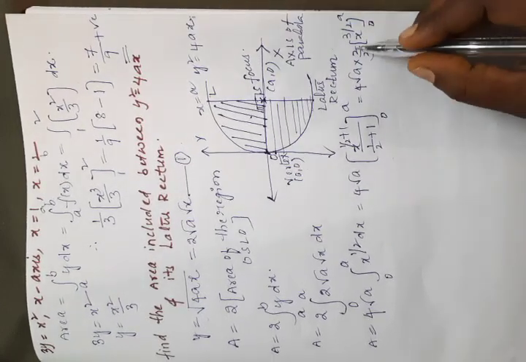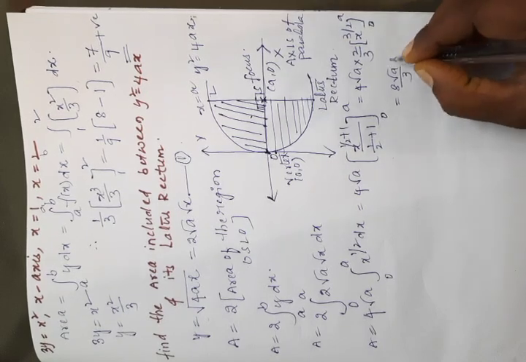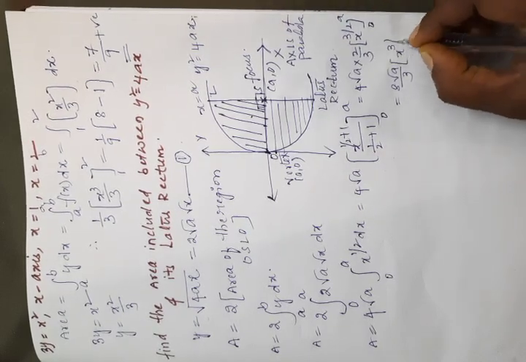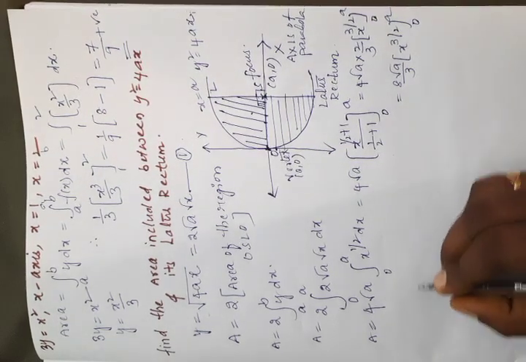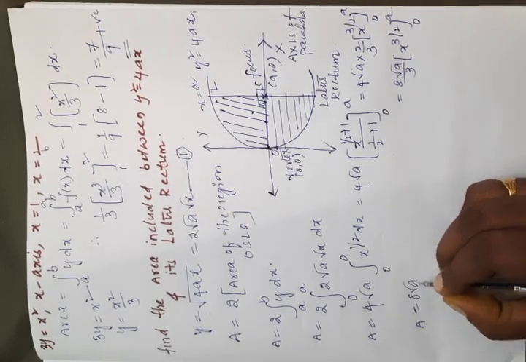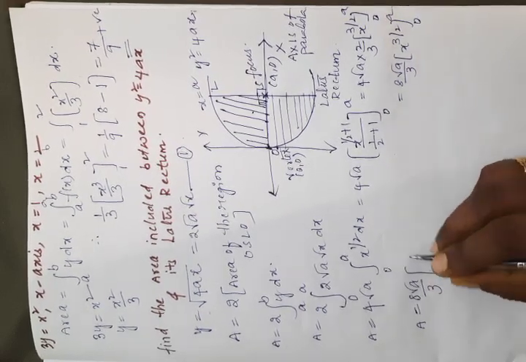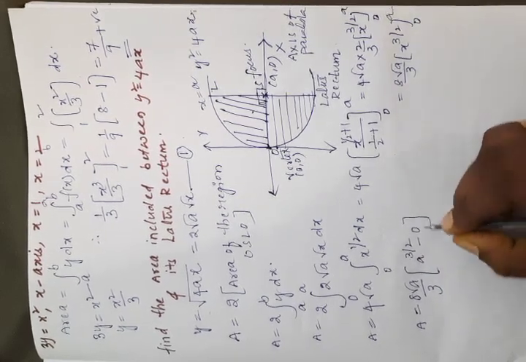Therefore 4 into 2 is 8 root a by 3 into x power 3/2, limits 0 to a. Now substitute the upper limit minus the lower limit. Therefore the area is equal to 8 root a by 3 into (a power 3/2 minus 0 power 3/2), which is 0.